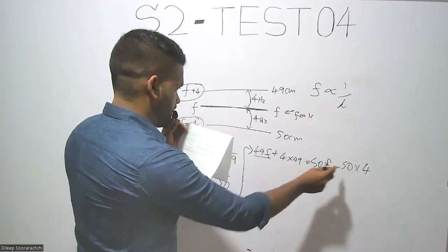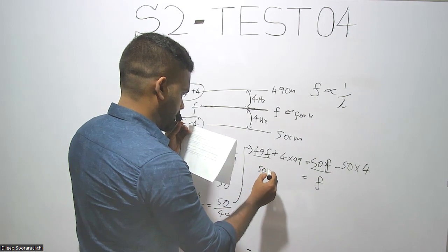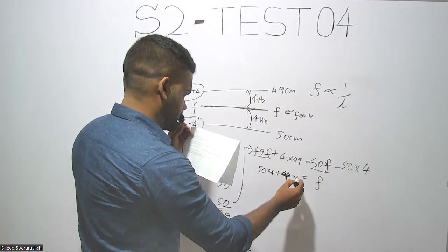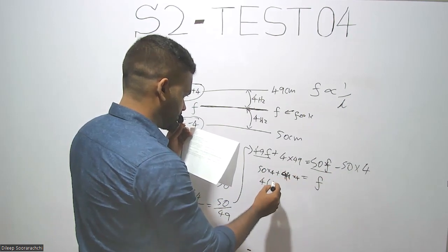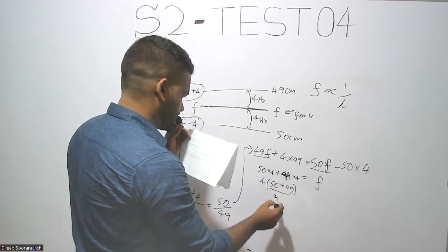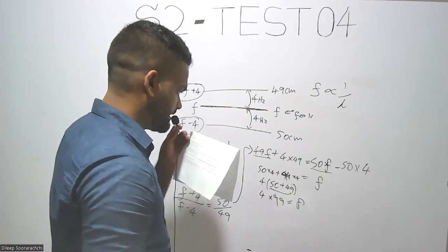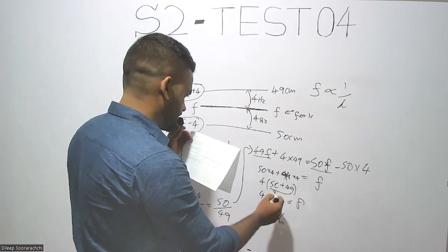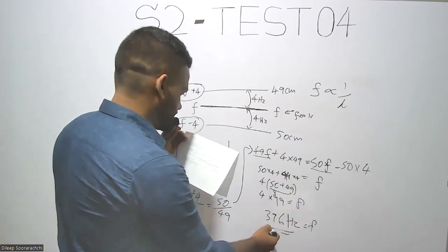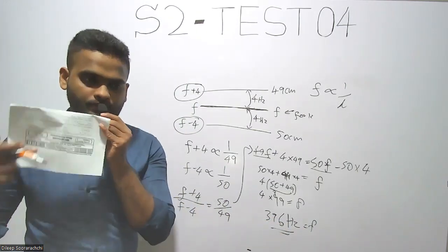So 50 times 4 plus 49 times 4. I'll take 4 out. So this becomes 50 plus 49, which is 99. 99 times 4 means 396. So this is the frequency of the fork, 396 Hz.